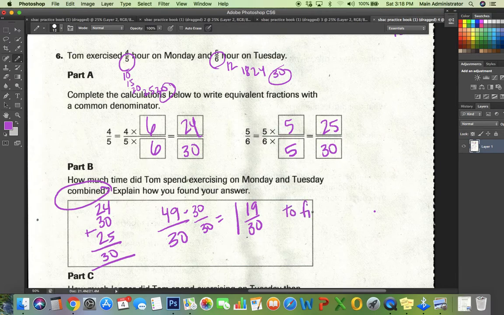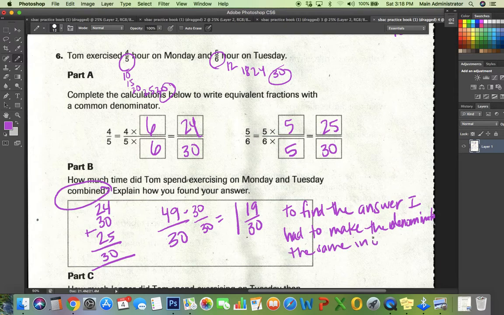To find the answer, I had to make the denominator the same in order to add the fractions. There we go. Let's take a look at part C.